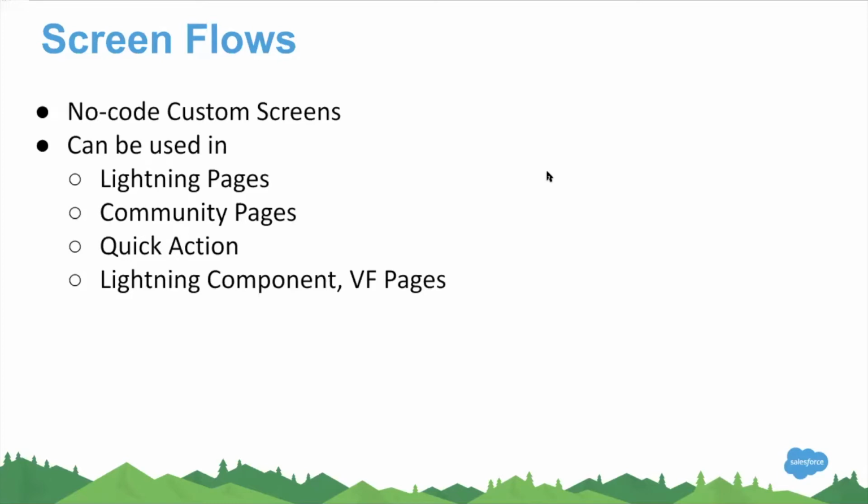And if they select partner, then using screen flow and a few flow elements, I can redirect them to a different path that would only show the partner specific UI fields. And if they select customer, based on their selection, I can redirect the flow logic to a different path where the user is presented with only customer related fields. So we have that sort of leverage using screen flows.